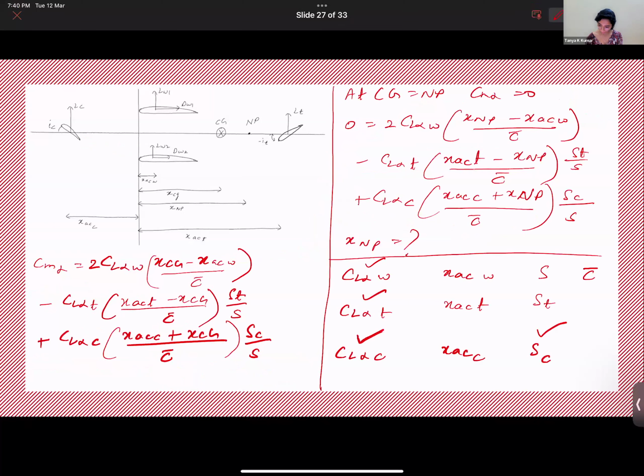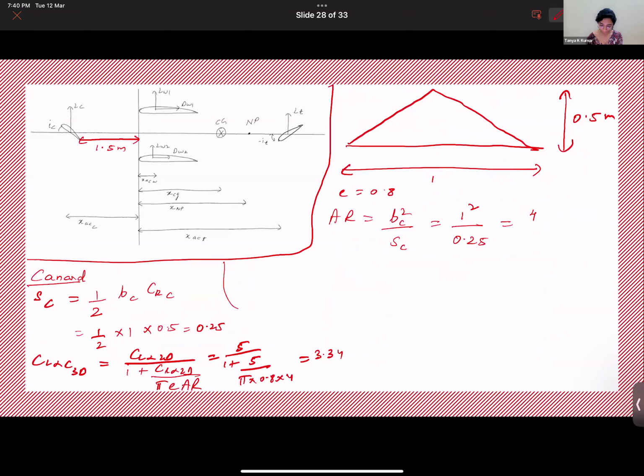Let me just erase this. So we just found out CL alpha C, SC. Next is XACC. Let's try doing that. Prior to that, you need the mean aerodynamic chord. What was the formula, the empirical relation?